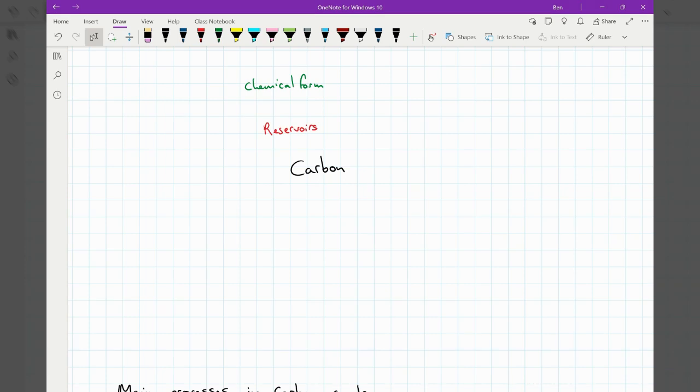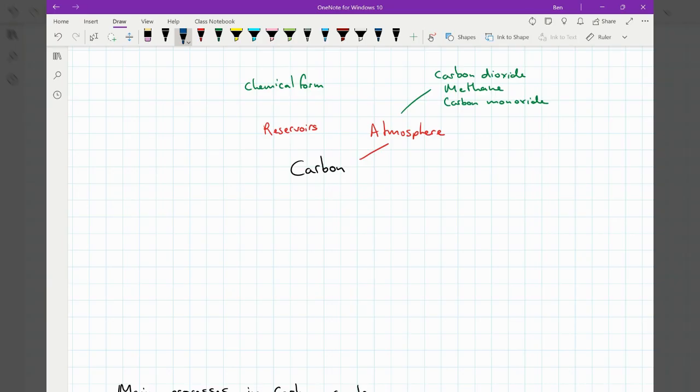Okay, so if we look at carbon and the carbon cycle, we've got a series of reservoirs and the main chemical forms that we find in them. For our first reservoir, we have the atmosphere. The main chemical forms found in the atmosphere are carbon dioxide and methane, and a very small amount of carbon monoxide.